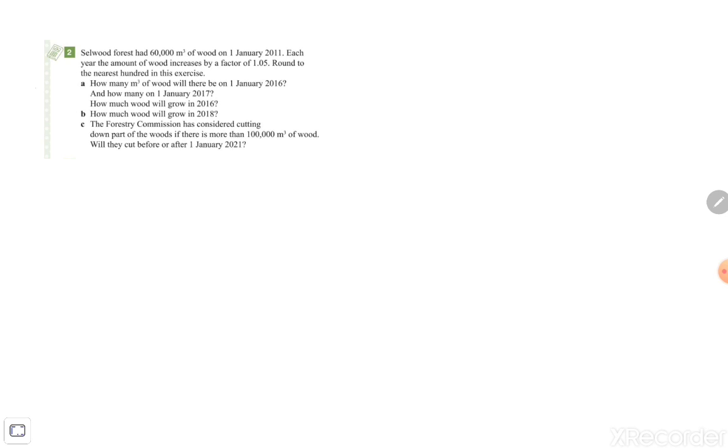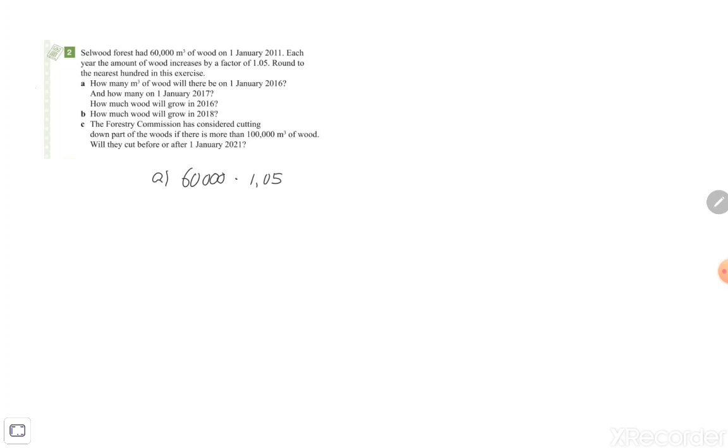Alright, let me just have a look at the first one. They ask you how many cubic meters of wood there will be on 1 January 2016, which means from 2011, that's 5 years further. So if we're going to look at exercise A, we start with the 60,000 cubic meters, and if I multiply this number with 1.05, then we know how many it is 1 year later, so on 1 January 2012.